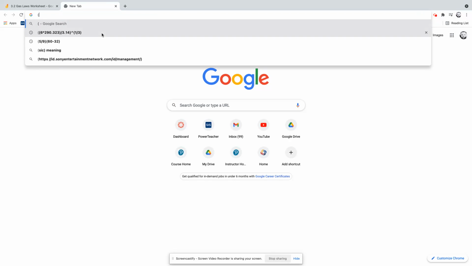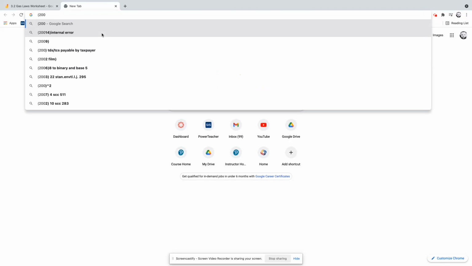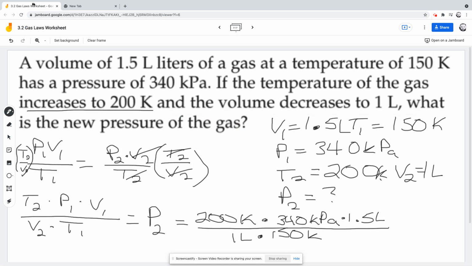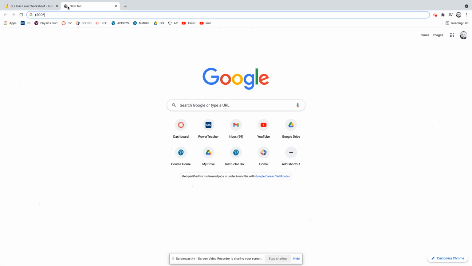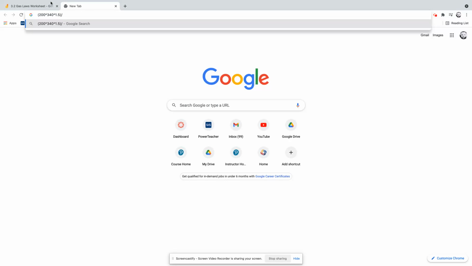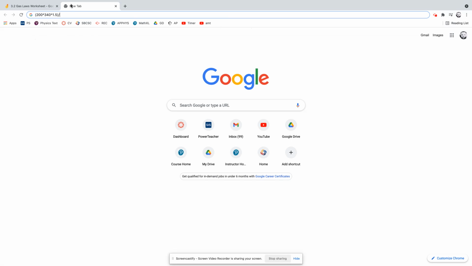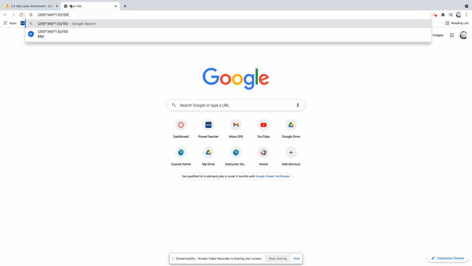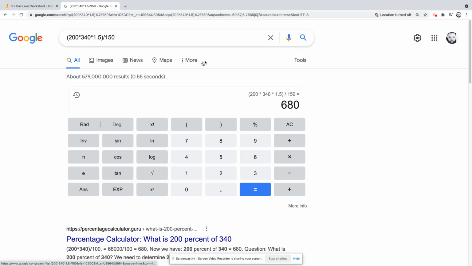So my parentheses on the top would be 200 times 340 times 1.5, close the parentheses, divided by 1 times 150, which is just 150. I get 680.